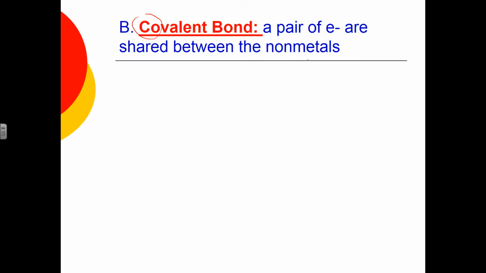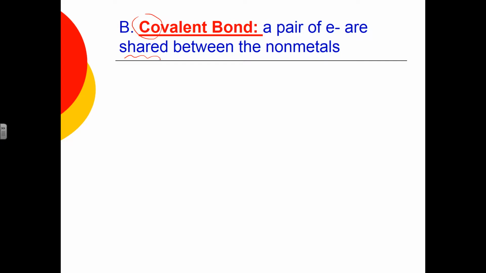Remember, atoms are trying to become stable because they want to get a full octet of electrons. So in a covalent bond, a pair of electrons are shared, or they're cooperating. Remember, if you cooperate, you are sharing or working together.